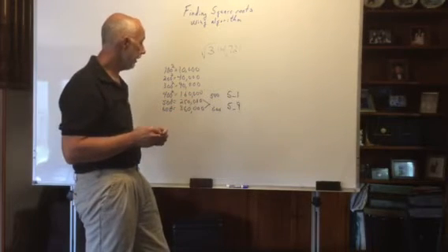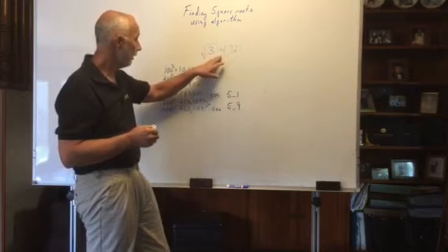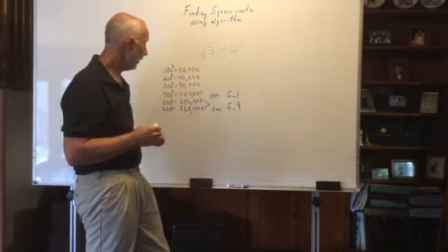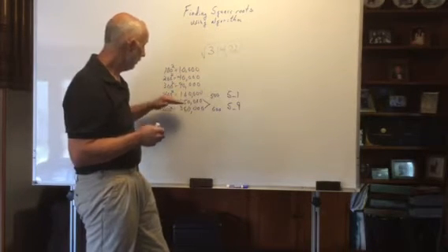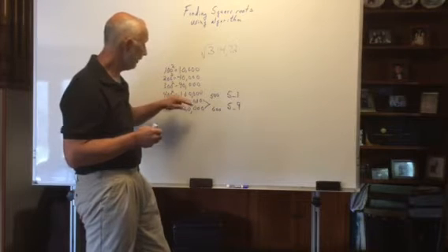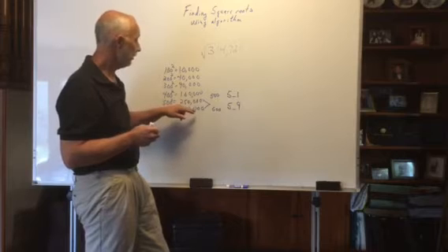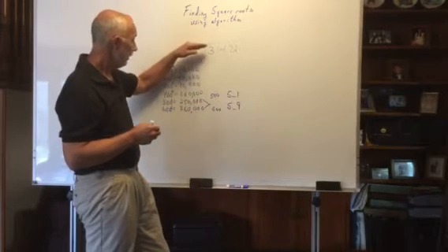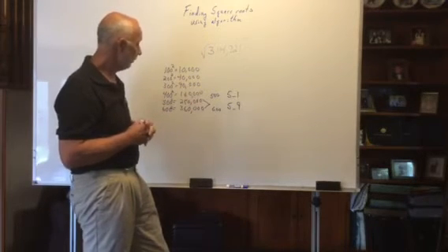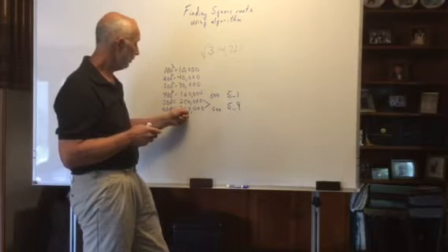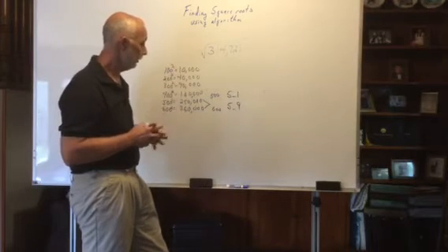Now you can make it easier by looking at where this is located. 314,000, is it closer to 500 squared, which is 250,000, or closer to 600 squared, which is 360,000? Well, it's actually sort of in the middle, but a little closer to this one than to that one.